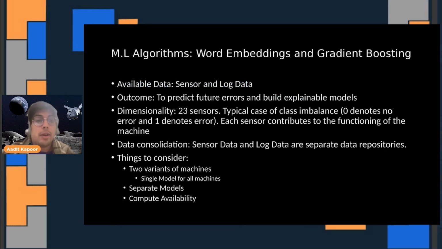Now let's talk about the data bandwidth that we have. We have a lot of sensor and log data. As I said, if you recall from the slides, about 80% is log and sensor data. Our outcome is to build future models and explainable models, and this is where gradient boosting comes into play.